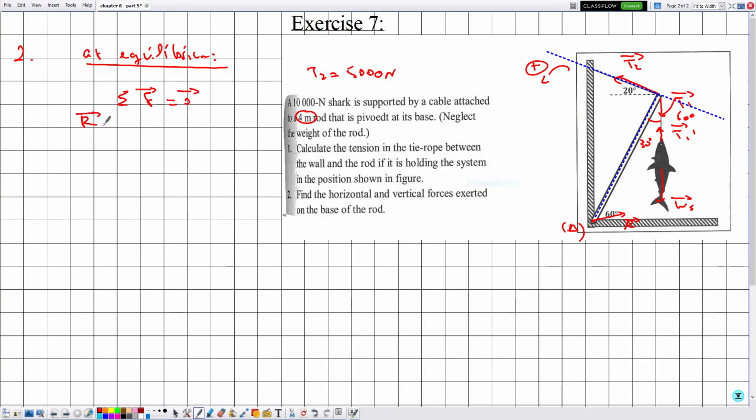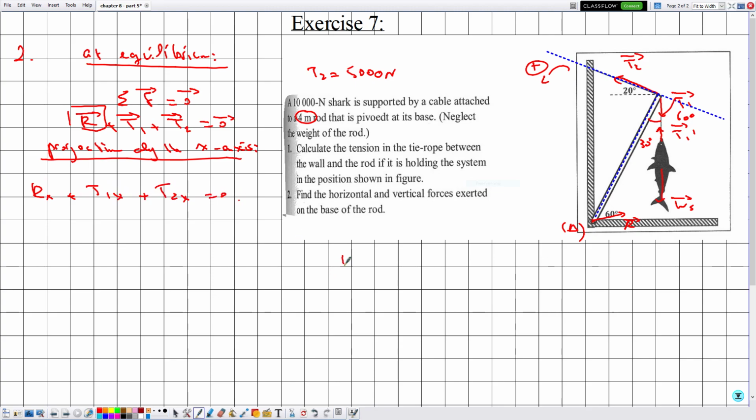Then the reaction plus the tension T1 plus the tension T1 prime, the tension T2 equal to 0 vector. We are interested in determining R. So projection along the x-axis. So Rx plus T1x plus T2x equal to 0.